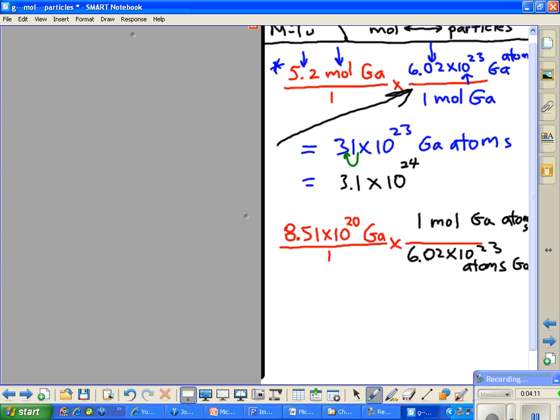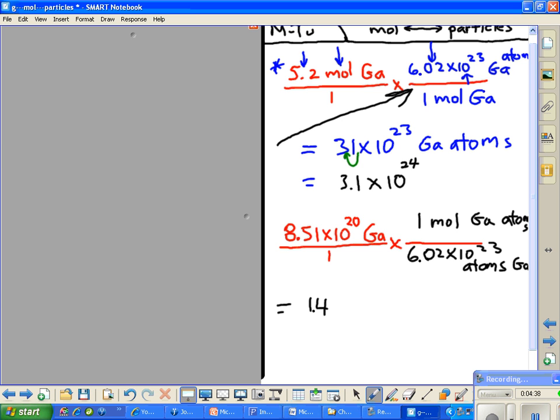Okay, and now as we run the calculation, we're doing a division problem where we divide 8.5 by 6.02. And the number I come up with on my calculator is 1.411960133. We don't want all that garbage.